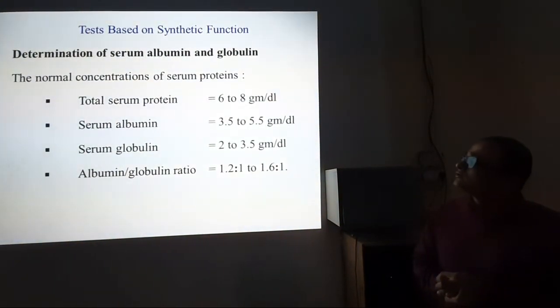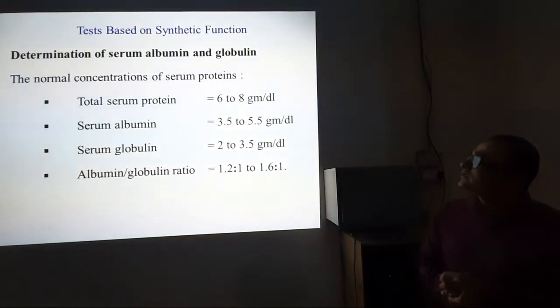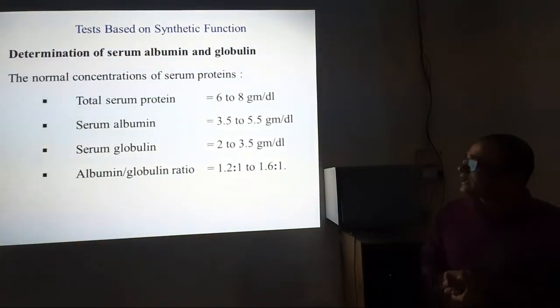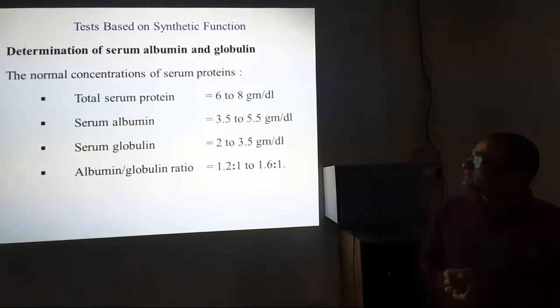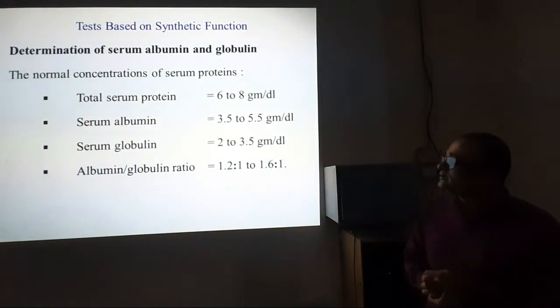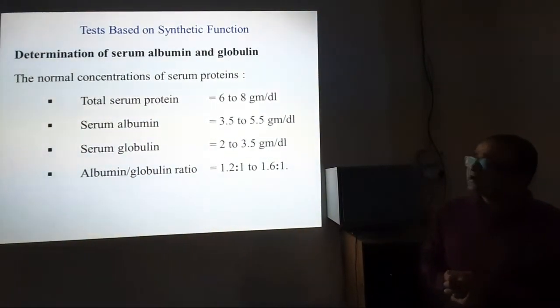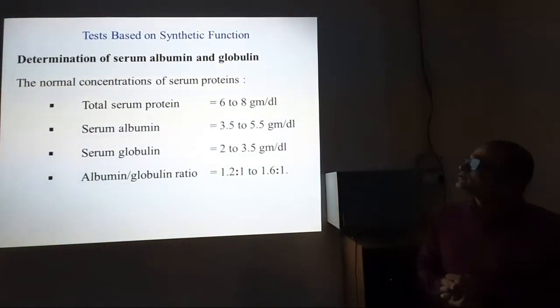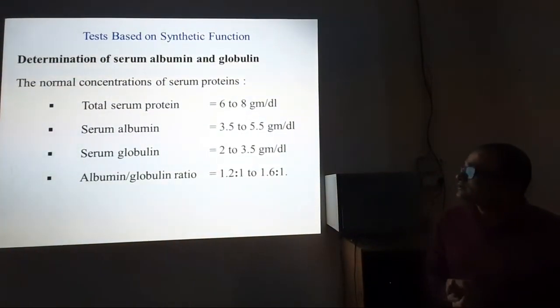In the practical, we perform determination of serum total proteins, albumin and globulin. I will not go into the details of the method, we will learn it in the practical. What is the normal concentration of serum proteins?